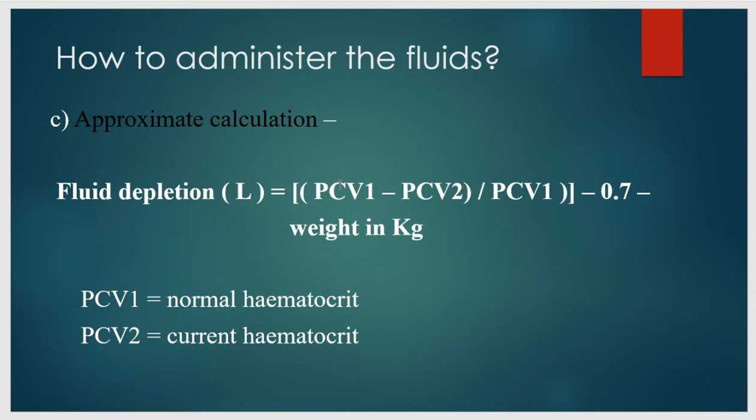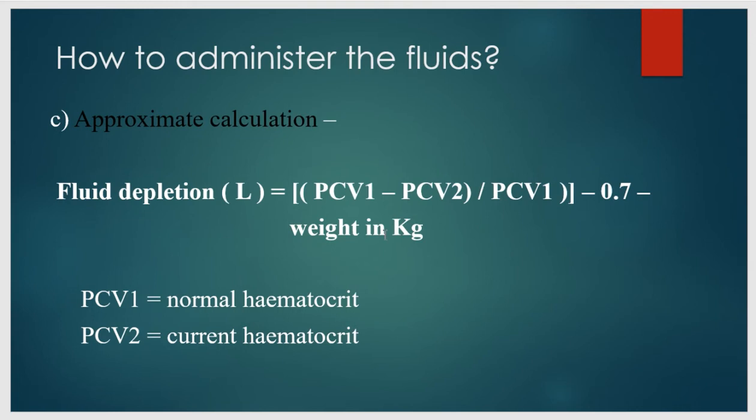Let's say the normal PCV1 is 45 for that particular patient, and presently the current hematocrit is somewhere around 47 or 48.